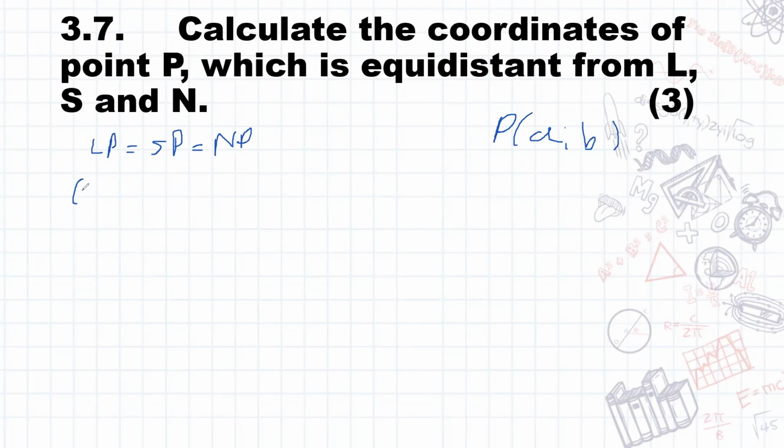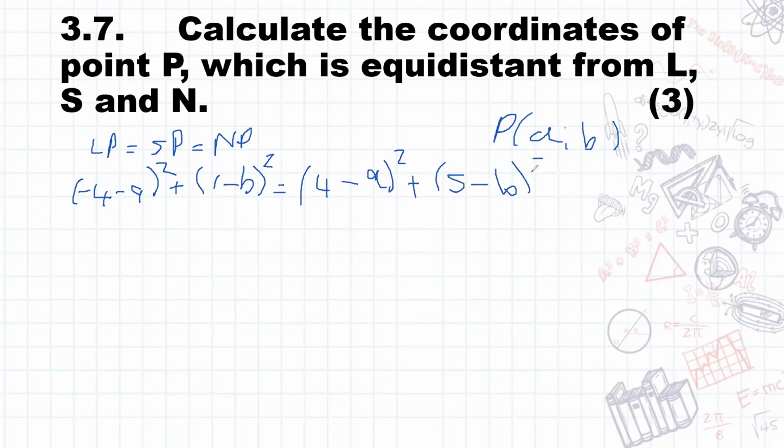L is (negative 4, 1), so it's going to be negative 4 minus a, squared, plus 1 minus b, squared, is equal to, and now we're going to use S, which is (4, 5). So it's going to be 4 minus a, squared, plus 5 minus b, squared.